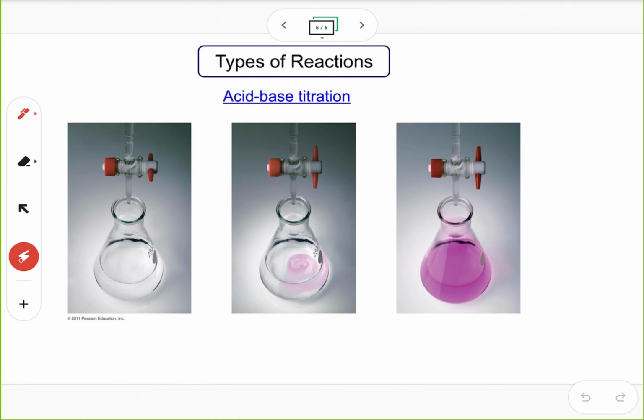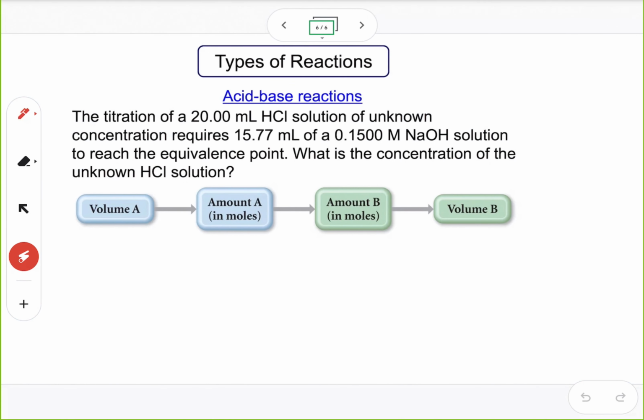And by doing labs, you should be able to get a better understanding of what's going on in this type of experiment. Now let's take a look at this example to demonstrate the stoichiometry calculation for acid and base titration. The titration of 20 ml of hydrochloric acid of an unknown concentration.